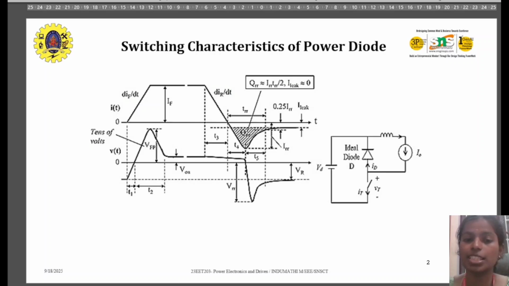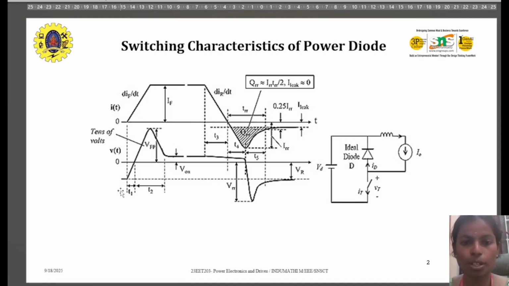So here we'll discuss why this is important. It determines the maximum frequency of operation, how efficiently it acts, and it impacts heating and EMI in circuits. So first we'll go with switch on, then we'll go with switch off.